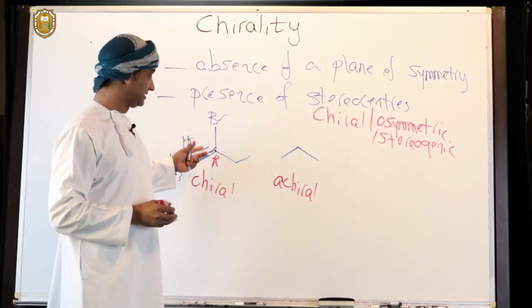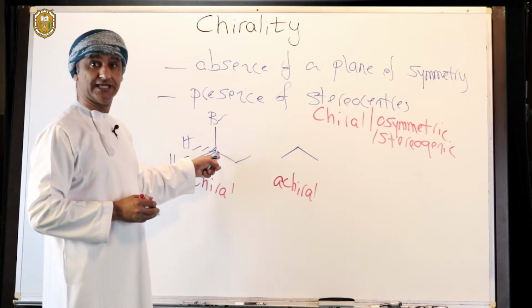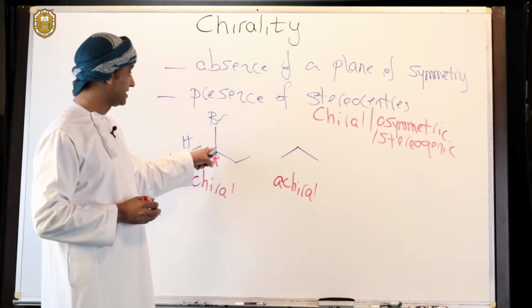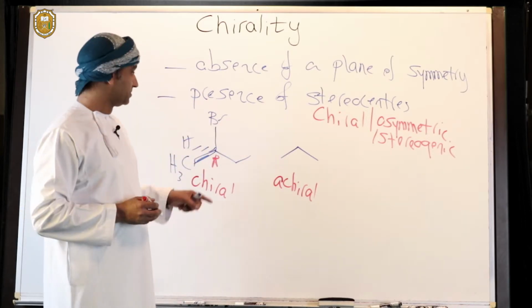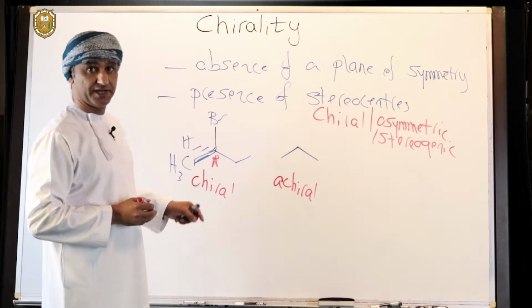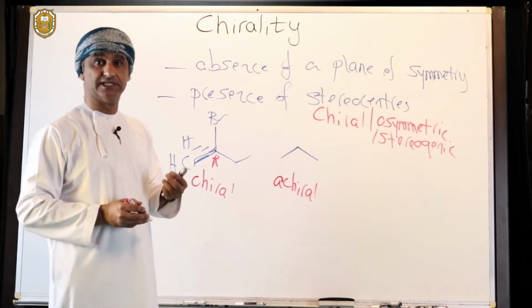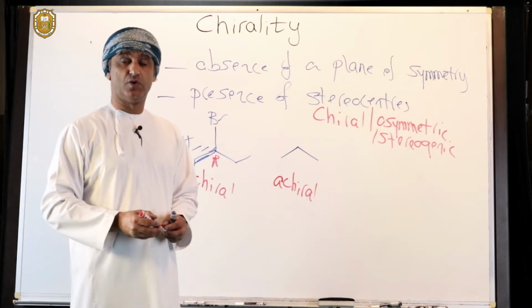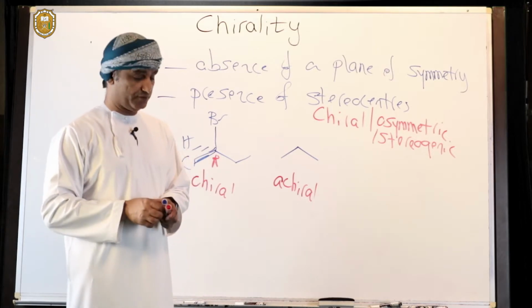So therefore, this compound is chiral because that is a stereocenter or a chiral center, because this carbon is surrounded by four different groups: a bromo group, ethyl, methyl, and a hydrogen. None of these carbons in propane is actually chiral, and therefore the molecule as a whole is achiral. That's because none of them is surrounded by four different groups.